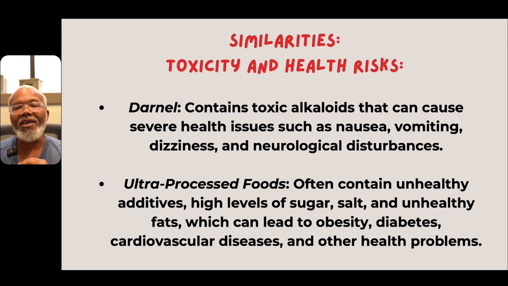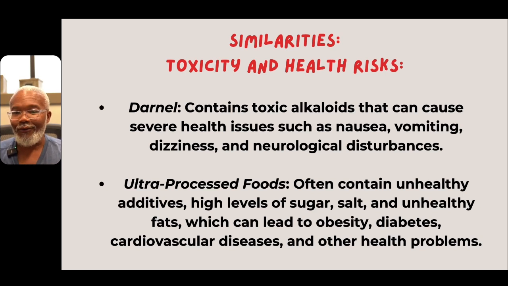So let's look at the comparisons between the two. Here are similarities: toxicity and health risk. Darnel, or tares as we know them, contains toxic alkaloids that can cause severe health issues such as nausea, vomiting, dizziness, and neurological disturbances. That's what darnel does to the body.